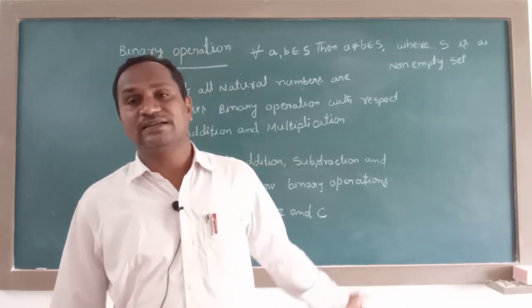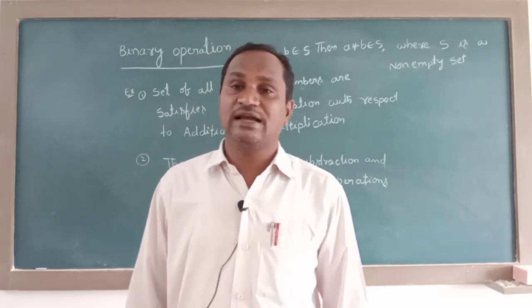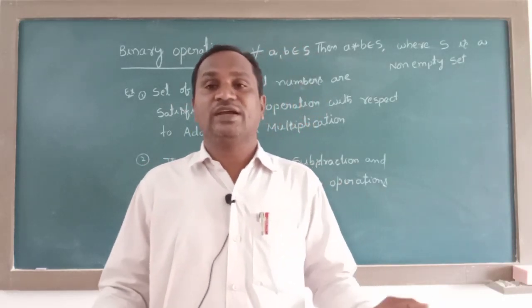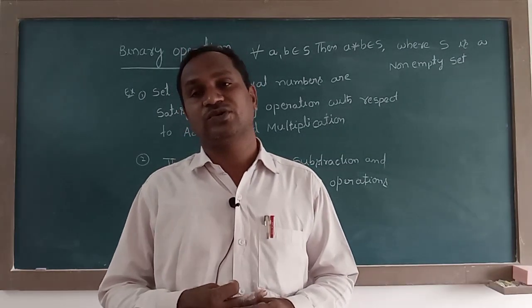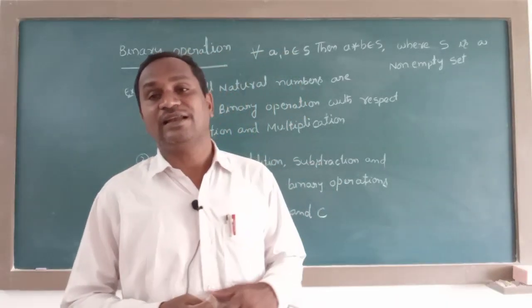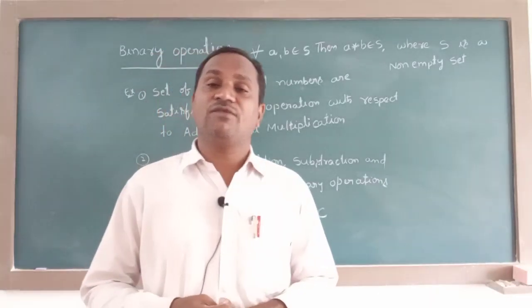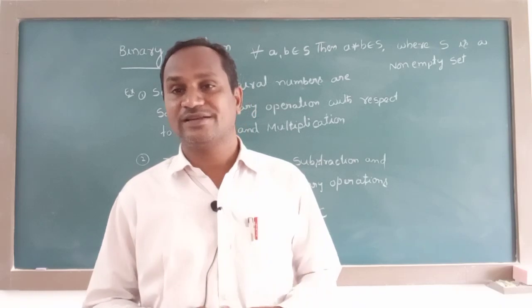I selected two numbers for rational numbers: a is equal to 10 and b is equal to 5. If you take the sum of these two, 10 plus 5 is equal to 15, which belongs to Q. That's why 15 is also a rational number. The addition of any two rational numbers is again a rational number.